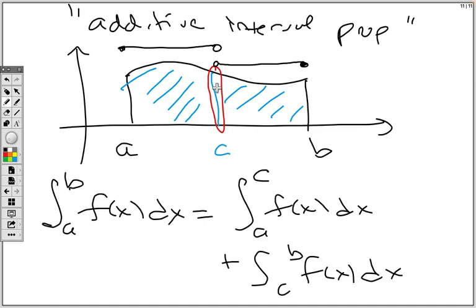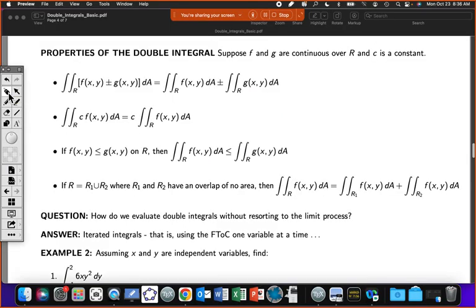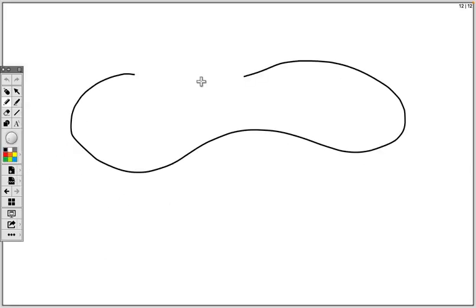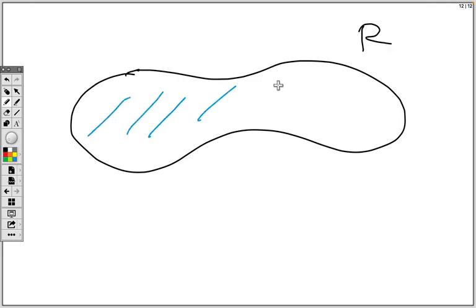what's happening here. So what's the analogous thing here in Calc 3 is you've got your region, say your region in the plane, that's your region R, and you're integrating over that. And once again, in section 16.1, we're just sticking to rectangles, but we'll quickly move into these other regions. Let's say you've got, this breaks up naturally into two parts. So you've got an R1 and an R2.